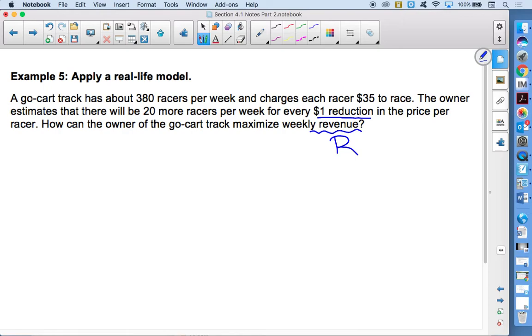So that's why our variable, the x, is going to represent the price reduction. That's what we want to figure out. How much should he reduce his price by?